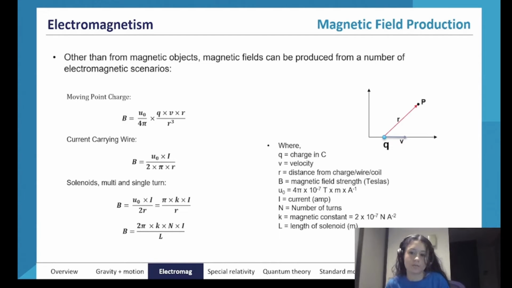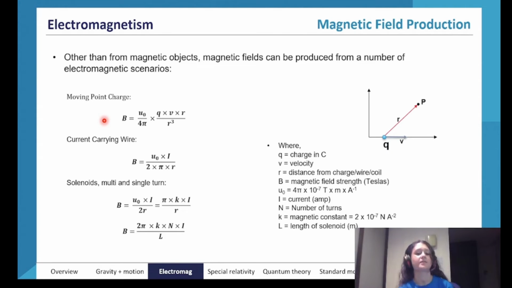So we can determine the magnetic field in a number of scenarios, including the magnetic field of a moving point charge, such as a moving electron. And this is given by our first equation here.